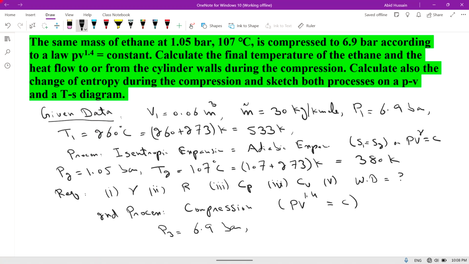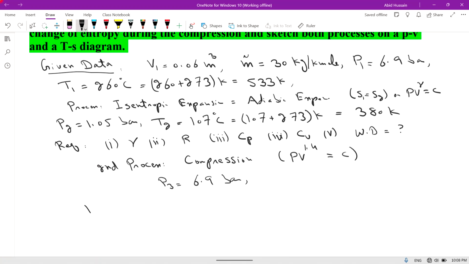Required in the second part: number 1, calculate the final temperature T3.